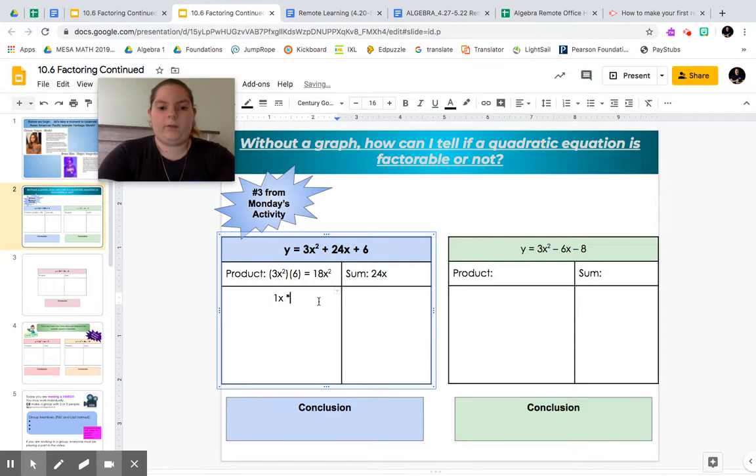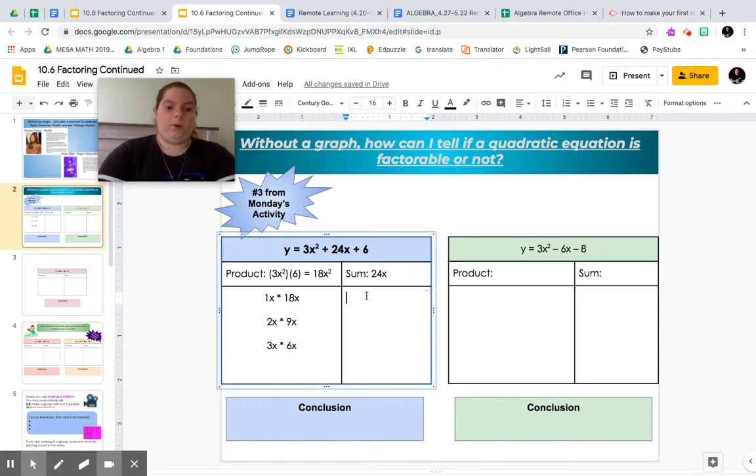We have 1x times 18x. Let's start with 2x, let's make this in order, times 9x, and 3x times 6x. Awesome. Now, part 2, finding the sum. Let's take all these factors and add them up.